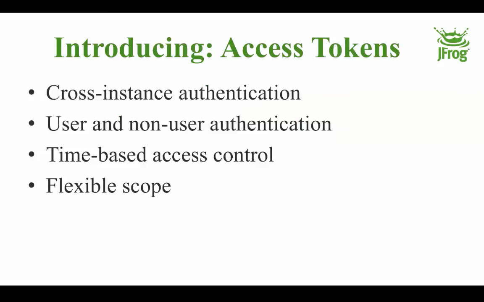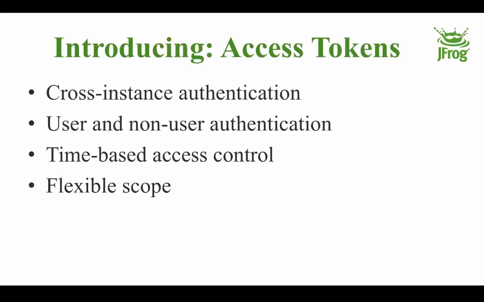And this is also based on user and non-user authentication. For example, the Artifactory user authentication is clear: any user that is on Artifactory would be able to access it. But what about non-users? What about your cleanup users or your Jenkins user, for example? With the help of access tokens, you can provide access to those users just for their task.